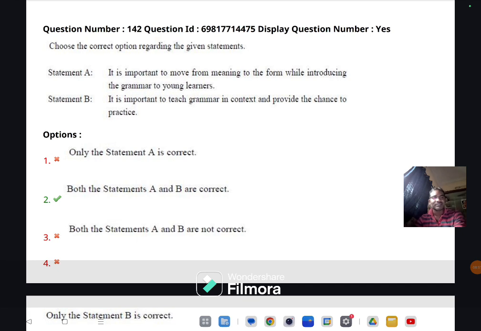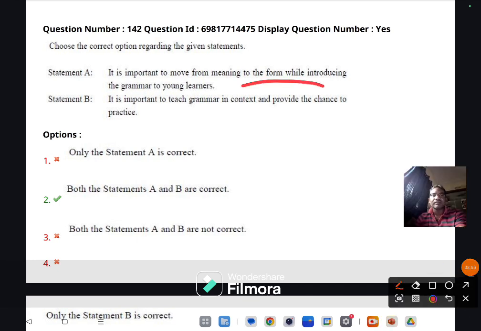How do you answer? You are supposed to understand these two statements. The first statement and second statement are all about grammar. How do you teach grammar? That is the question. When you teach grammar, the first statement is talking about moving from meaning to form.